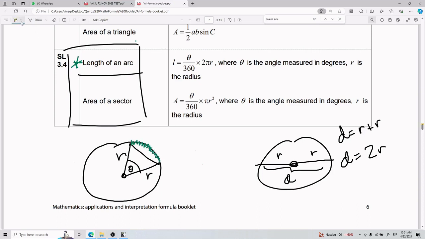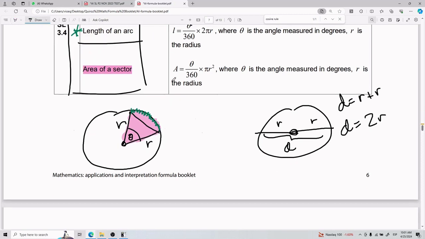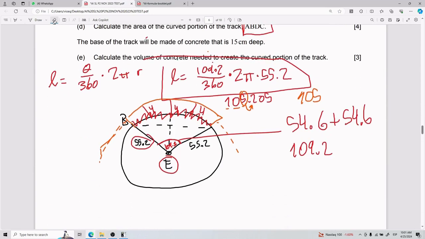Well, area of a sector, which I'm going to put in pink, notice it's area, so area of a sector would literally be all of this. So these are your main tools. So area of sector gives you the whole thing, right? And so technically in this exercise, what we can do is find the area of a sector. We can first find this area of a sector, which I will put in pink. So we can find this area of a sector.